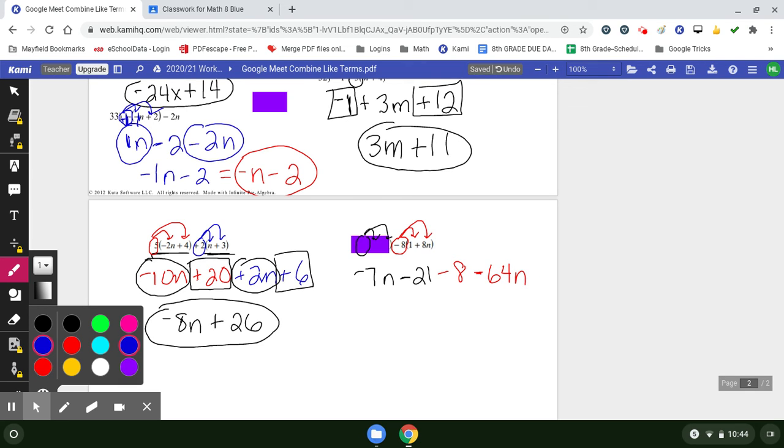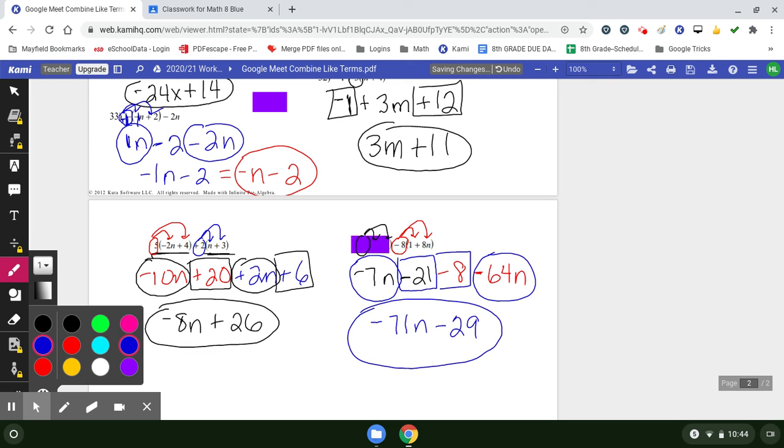Now at this point, I can circle my variables. -7n minus 64n is -71n. My numbers are -21 minus 8, which is -29.